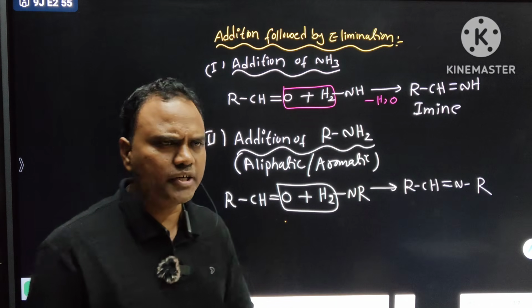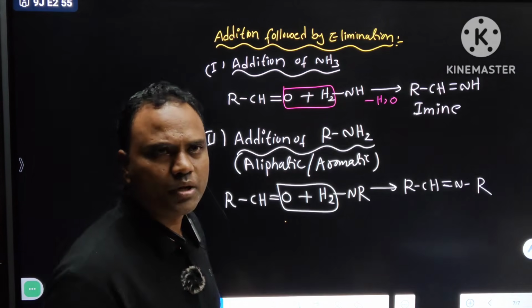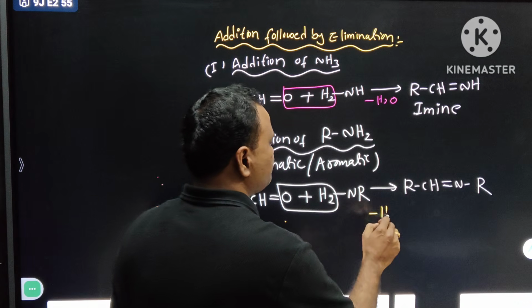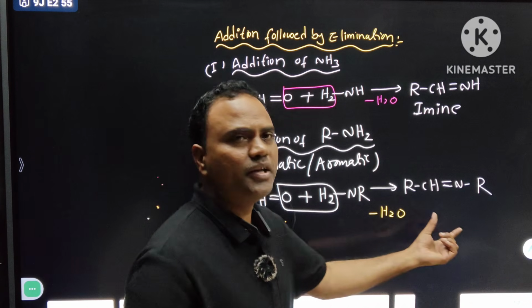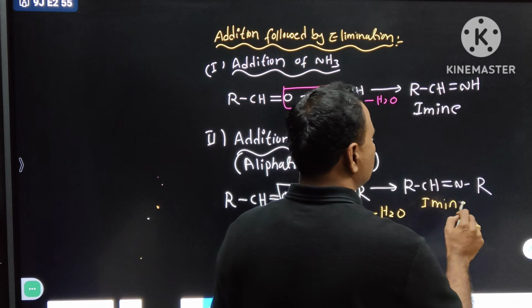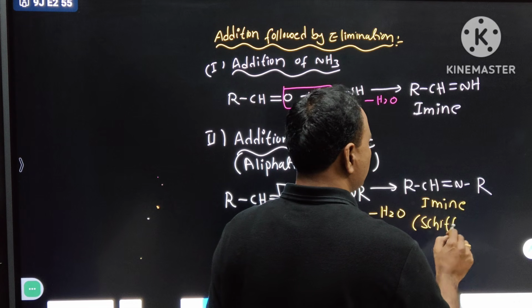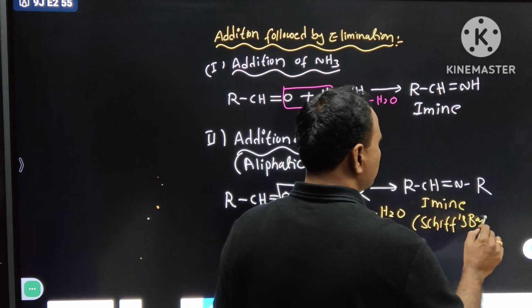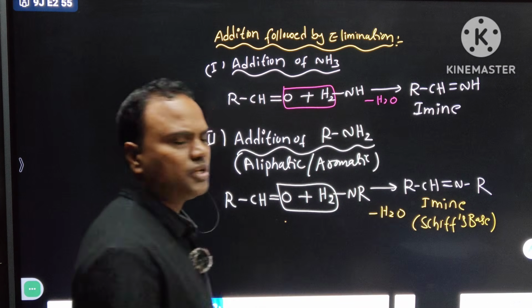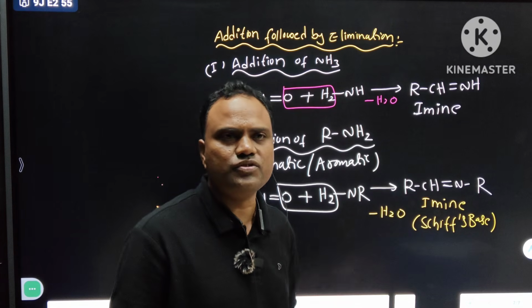Very important point. When we take primary amine, we'll get imine only, but that is specially called as Schiff's base. Very important. The imine formed is called as Schiff's base.